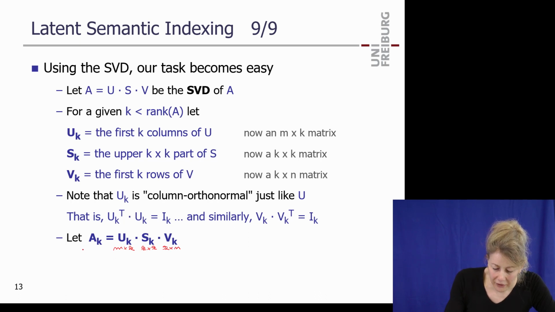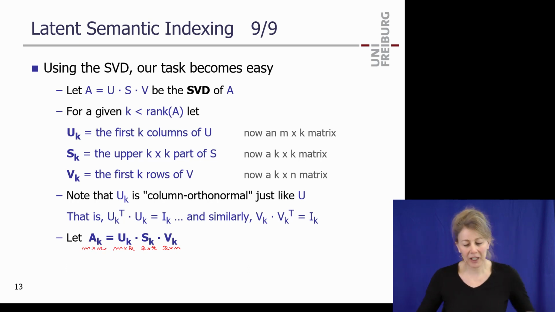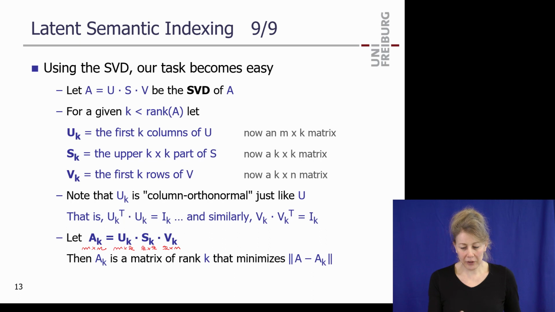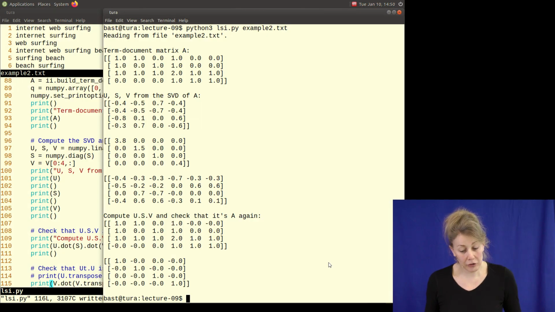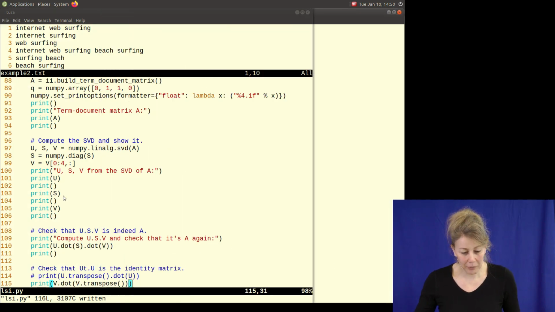So the product has the same dimensions as my original matrix. And now this matrix has exactly this magical property. It's a matrix of lower rank which is as close in the Frobenius norm to the original matrix as it possibly can be. Let's do that and see what comes out.